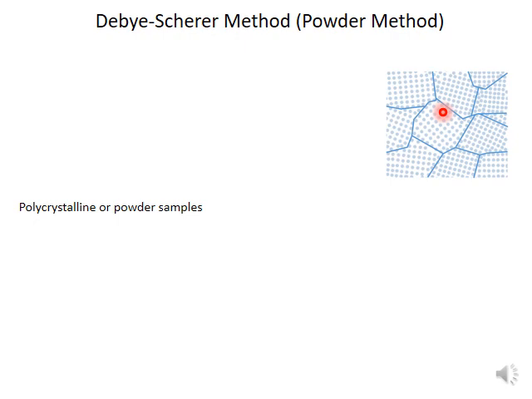So the corresponding sample is a polycrystalline sample. In this case, you would find many such small grains of micron sizes in a sample, such that you find all the possible orientations of the crystal in this sample.